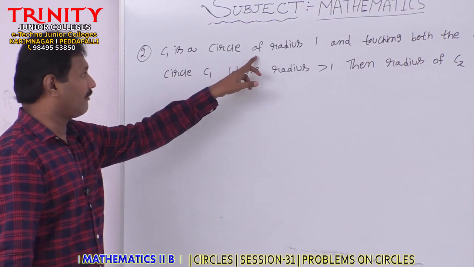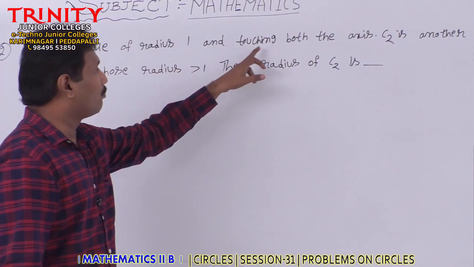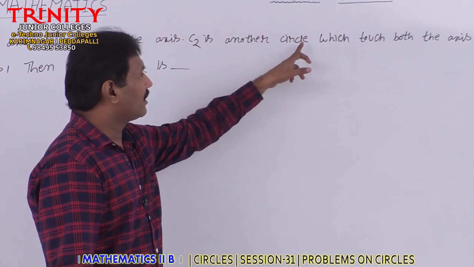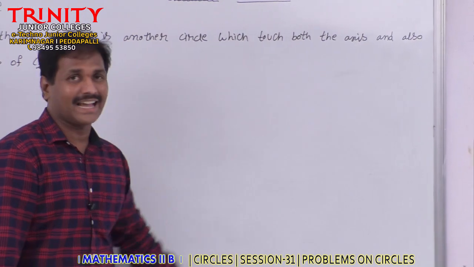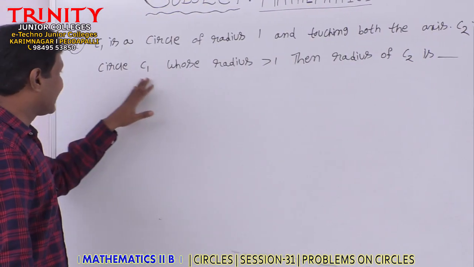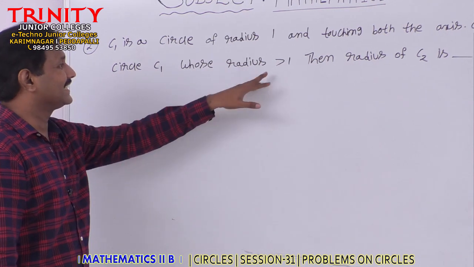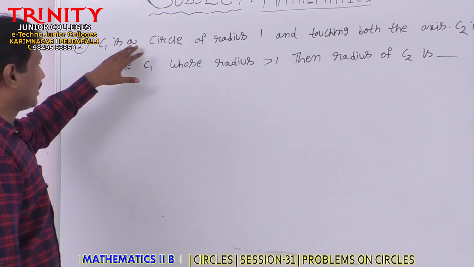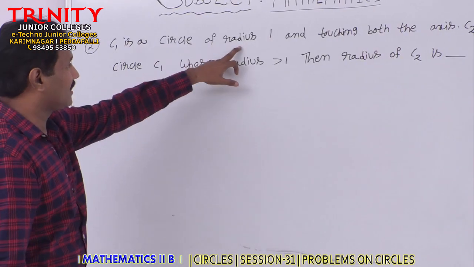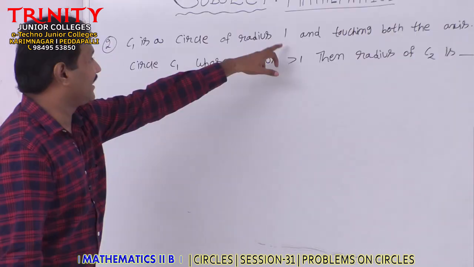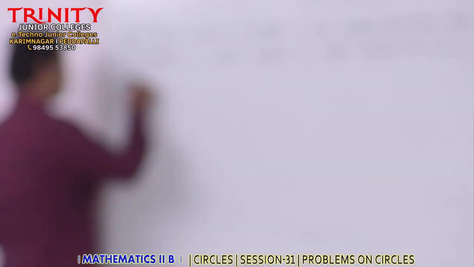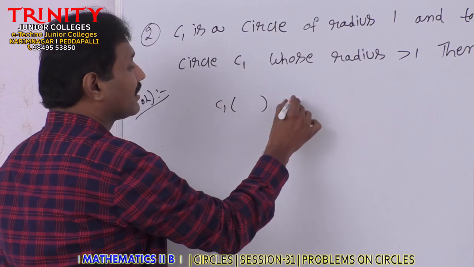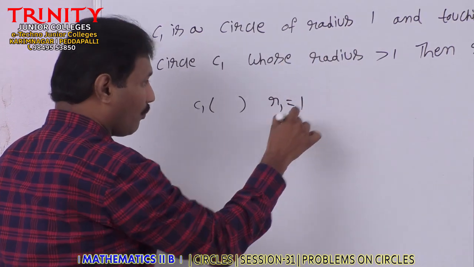C1 is a circle of radius 1 touching both the coordinate axes. C2 is another circle which touches both the coordinate axes and also the circle C1, whose radius is greater than 1. Then what is the radius of C2? C1 is the first circle with center C1, radius R1, which is 1.